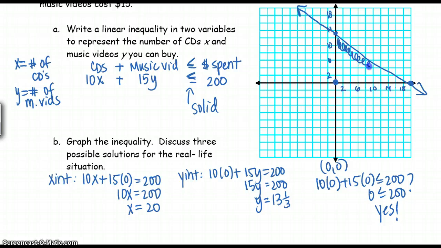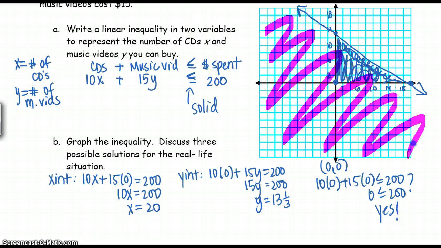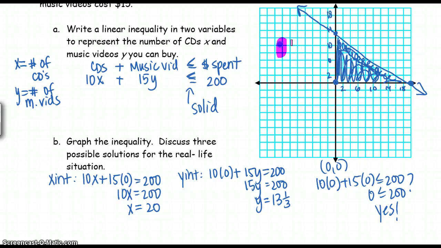Now watch. I'm only shading this portion of the graph. I know that 0, 0 would be basically this whole side, but let's think about it. Over here, if I have a point, I'm saying that I have a negative amount of x, right? And a positive amount of y. Well, if I had a negative amount of x, doesn't x stand for the number of CDs? Can I have a negative amount of CDs that I purchased?